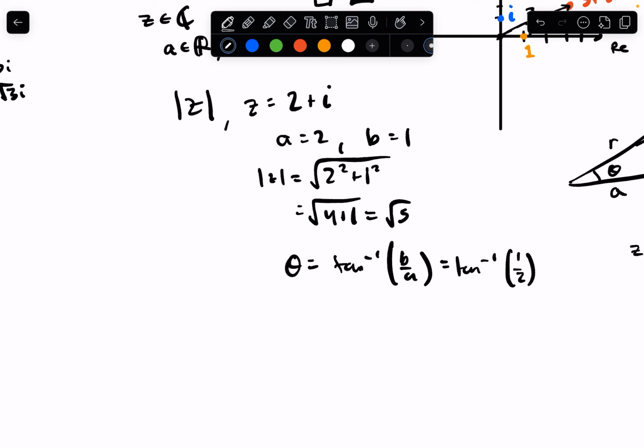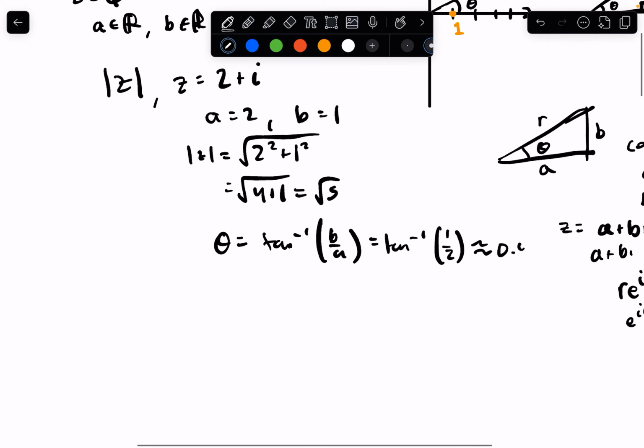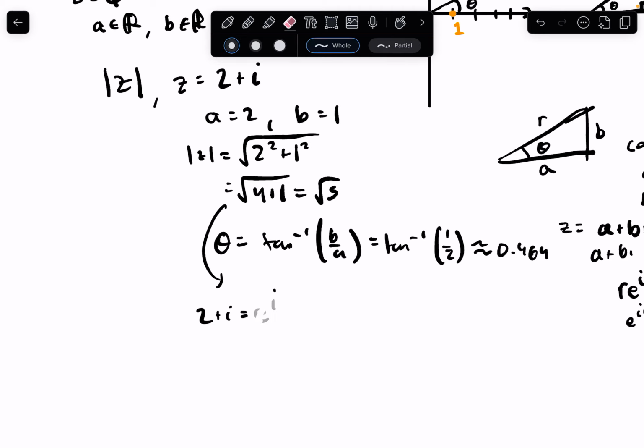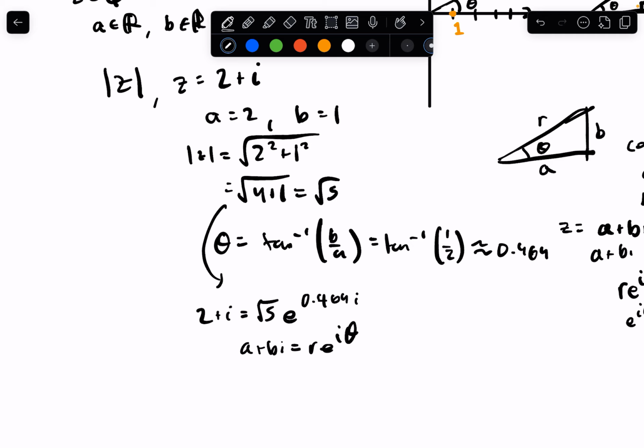So arctan of a half is around 0.464. So basically this states that 2 plus i is equal to root 5 e to the 0.464 i, because a plus bi is equal to r e to the i theta.